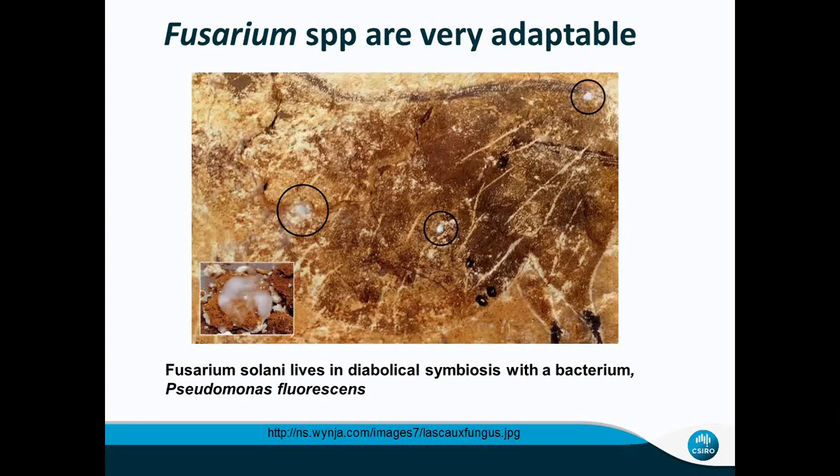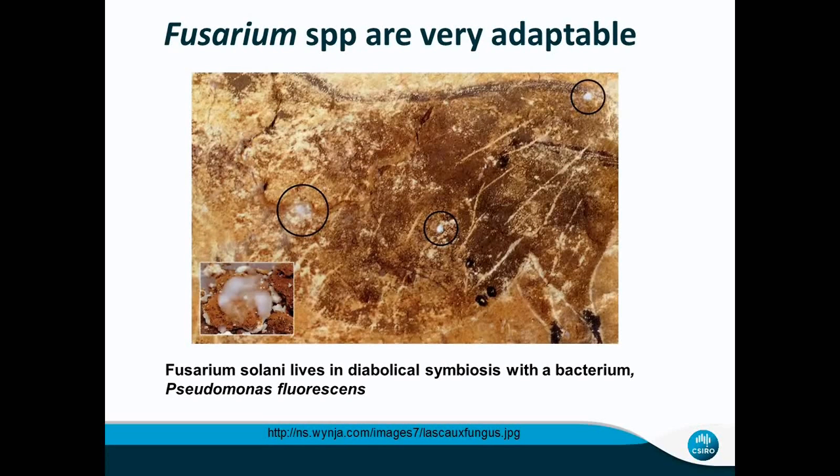It seems that this pathogen is extremely difficult to eradicate, because even using normal fungicides and bleach, and obviously you don't want to damage the pictures, it was found that it forms a symbiosis with a bacterium called Pseudomonas fluorescens. These bacteria can actively detoxify some of the fungicides that people have used to eradicate this fungus.